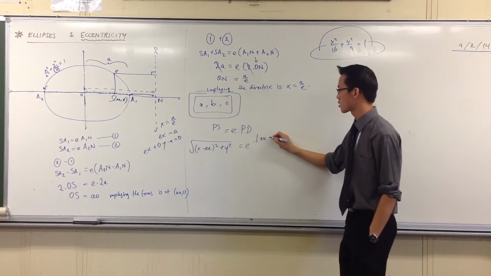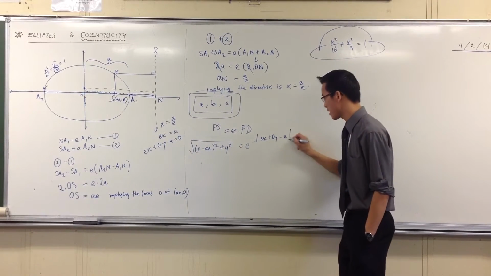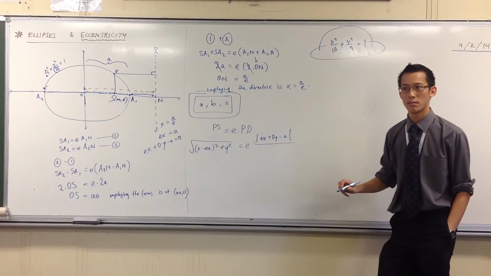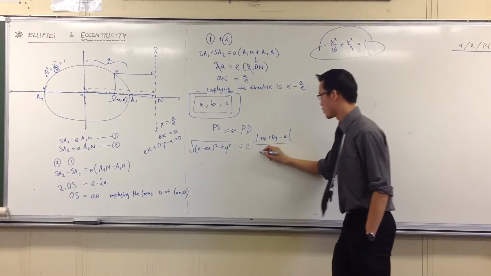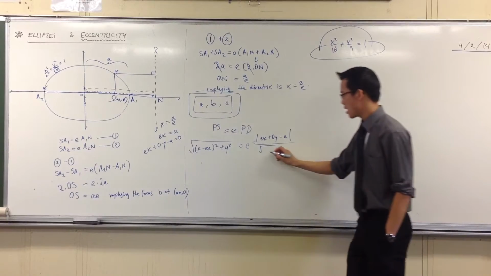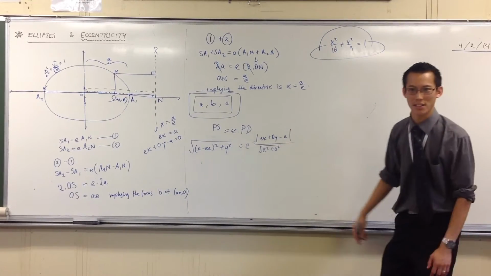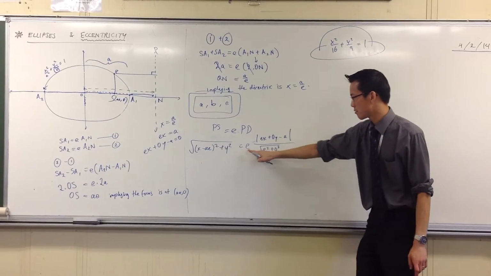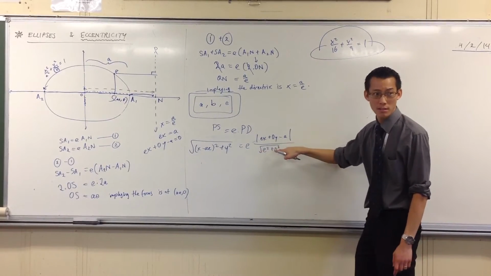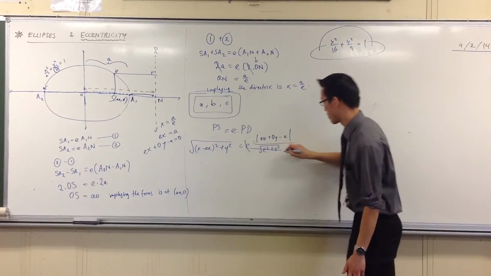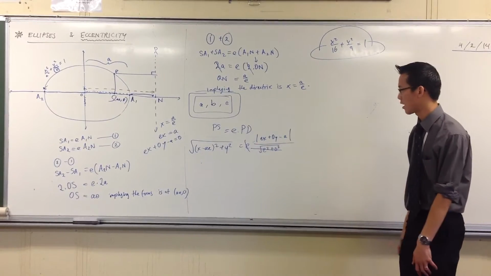Absolute value, ex plus 0y minus a. What's on the denominator? Square root e squared plus 0 squared. Fine, okay, so most of you are going to include that. E, what's this? The whole thing? It's just E, isn't it? So bang, bang. This is looking good, okay?